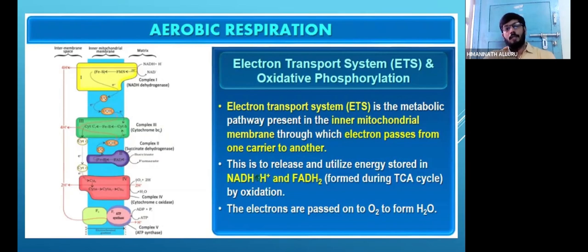If they are clear with this particular location, most of the things they will be very clear. Then when we start with the stepwise electron acceptance, definitely complex 1 is NADH dehydrogenase. They need to memorize complex 2, complex 3, then complex 4.